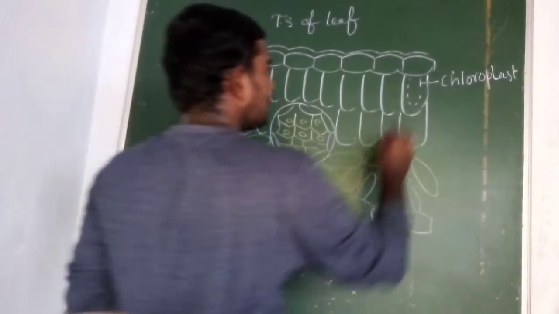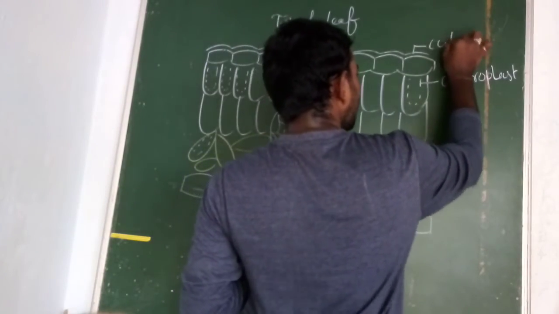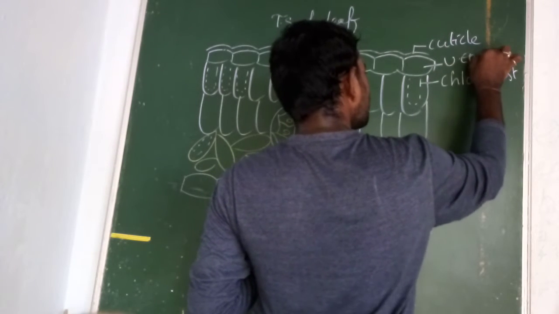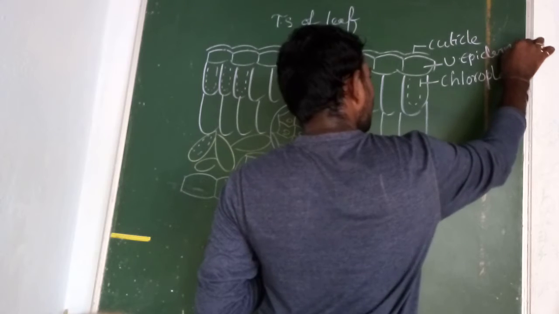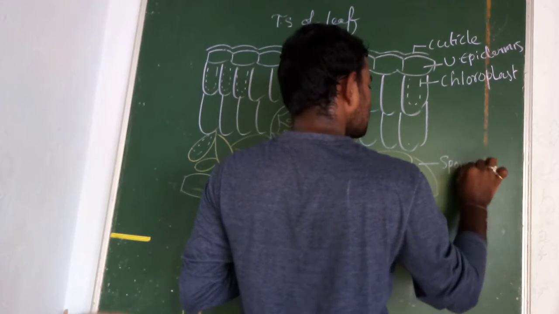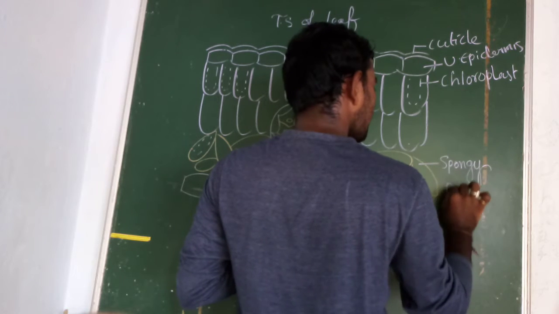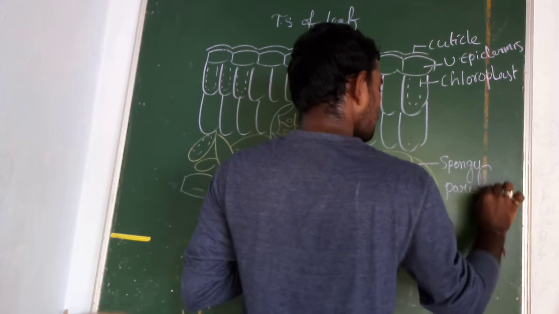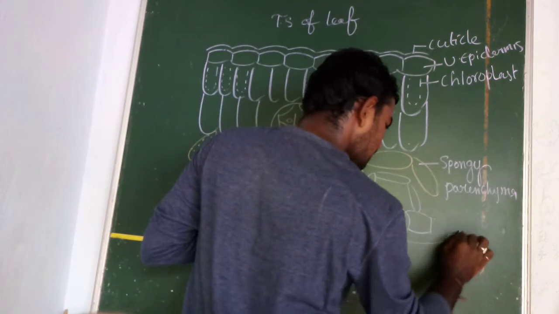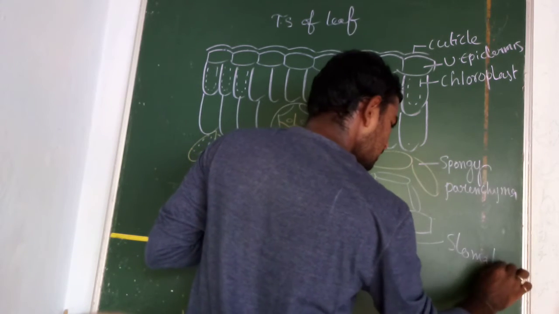If you see the labeling, this is cuticle and this is upper epidermis, and this is spongy parenchyma, and this is stomata, which help in the exchanging of gases.